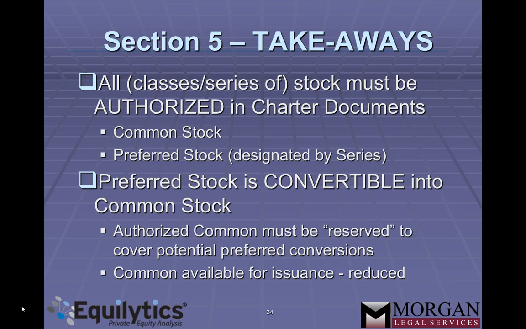So every time we have authorized preferred stock, we have to reserve that number of shares in the authorized common to cover the potential conversion. Therefore, the common available for issuance outside of that is reduced. Okay, that concludes this section 5.